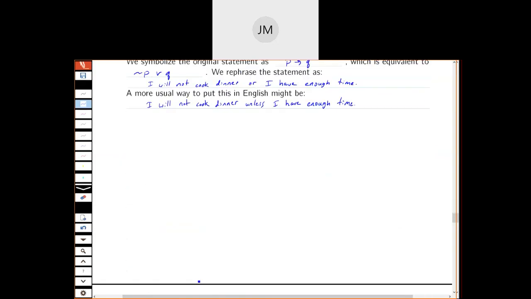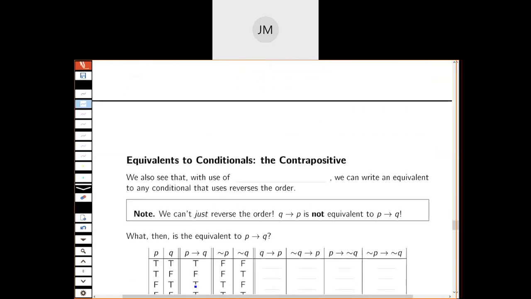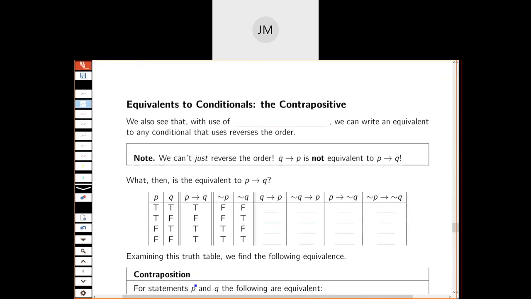Okay. All right, now let's look at which conditionals are equivalent to each other. So with the use of negation, we can write an equivalent to any conditional that uses the reverse order. Okay. Now, that doesn't mean that we can just reverse the order.